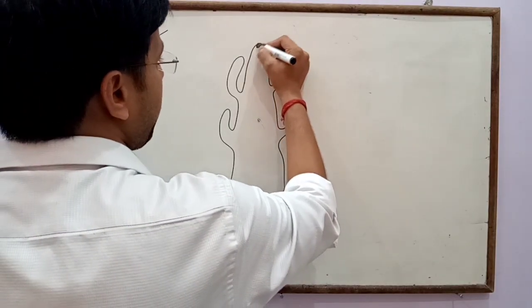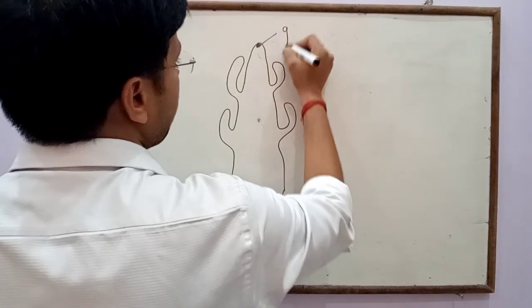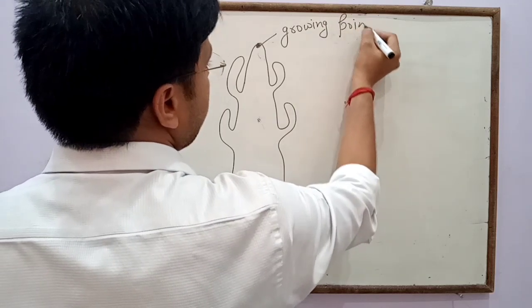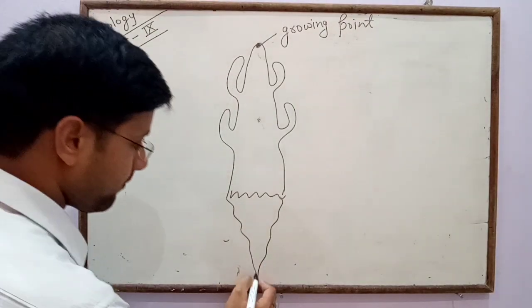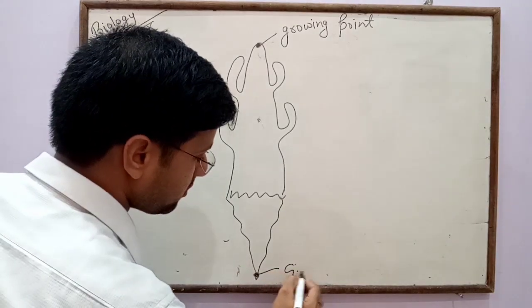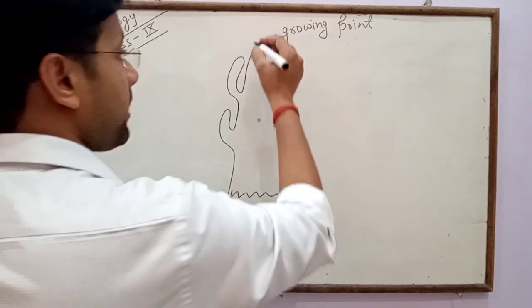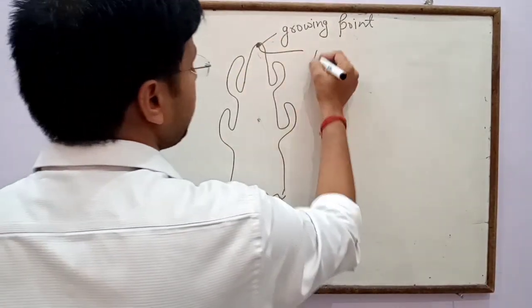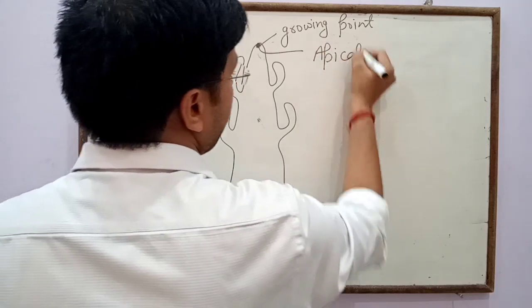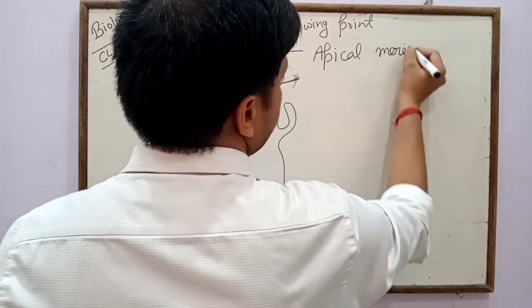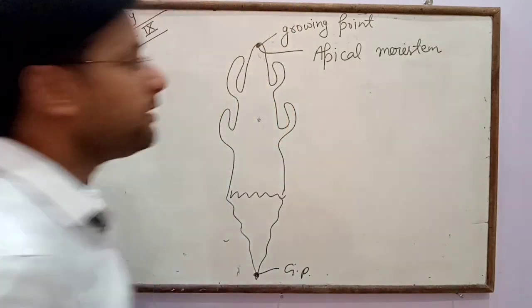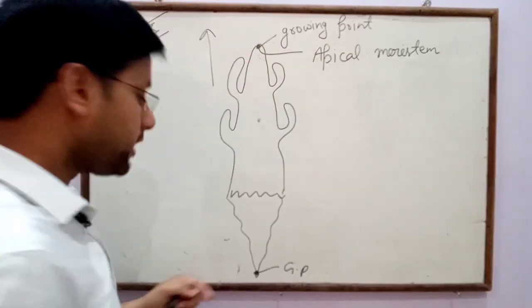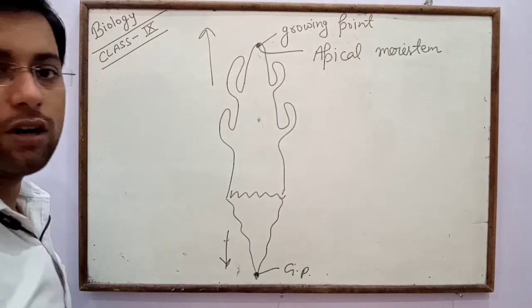This is the growing point in the shoot apex, and here is the growing point of the root apex. In the growing point of the shoot apex or root apex, apical meristem is present, and apical meristem increases the length of the shoot apex as well as the length of the root apex.